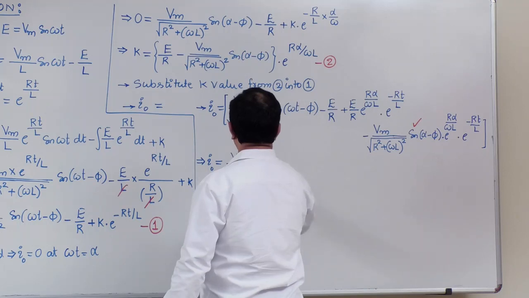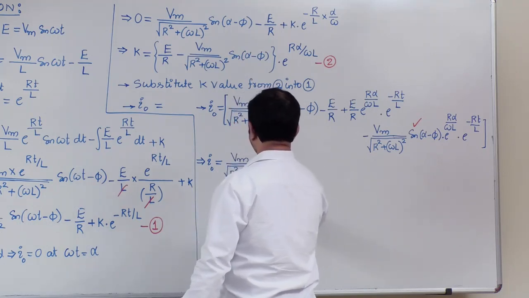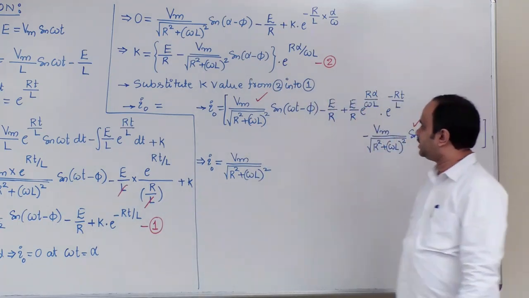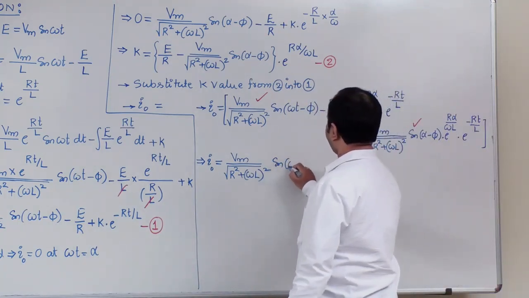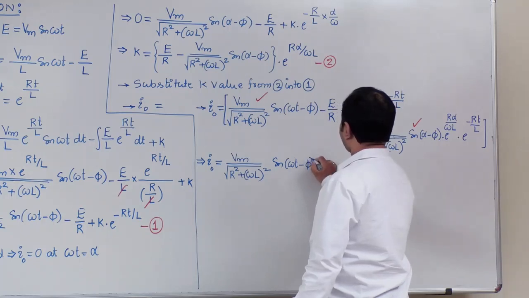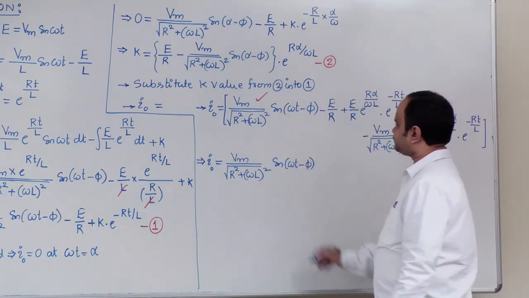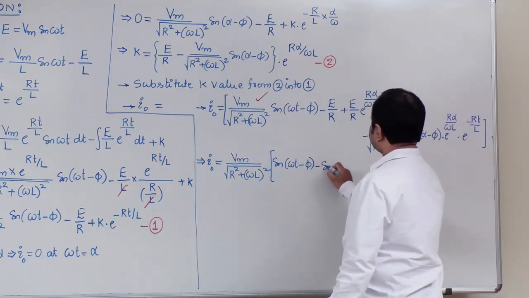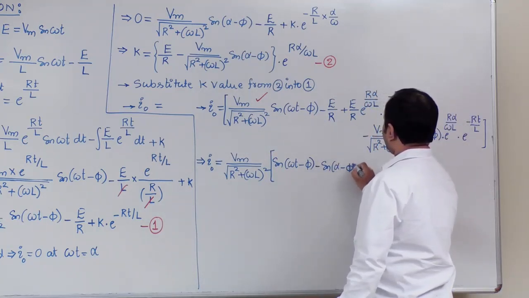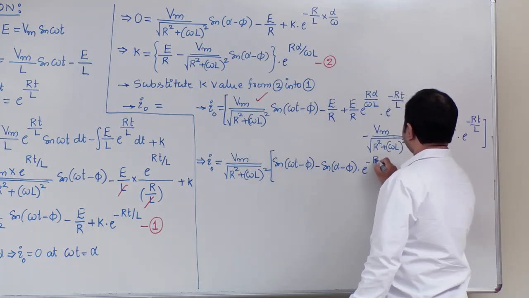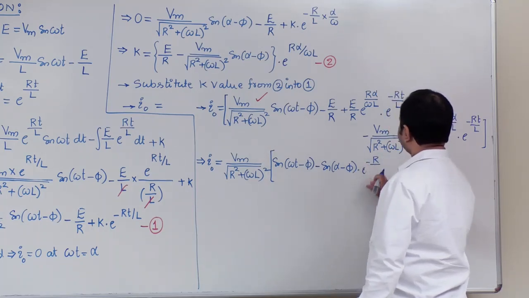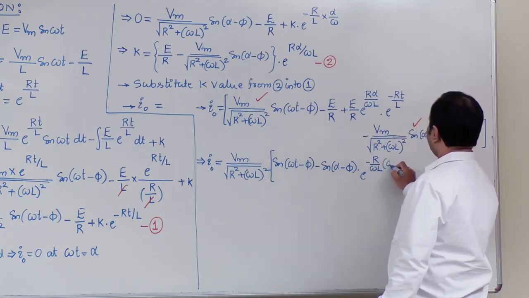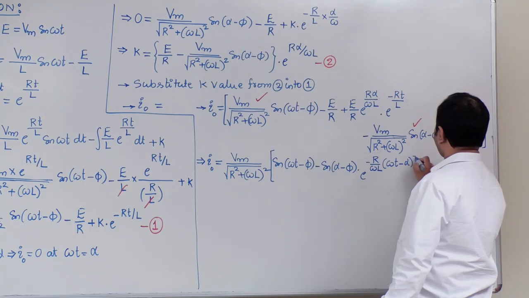Vm divided by root of R square plus omega L whole square multiplied with sine of omega t minus phi, I am taking that term as a common, minus sine of alpha minus phi into e power minus R by omega L into omega t minus alpha.